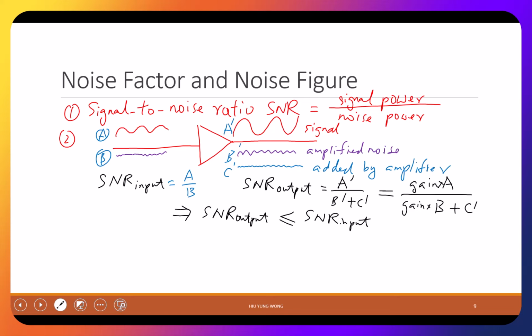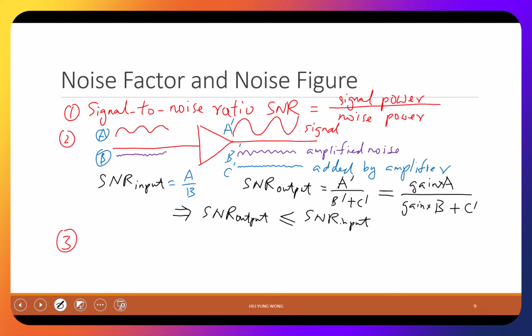But we will be able to listen to the signal. But if you do too much amplification, eventually the signal to noise ratio will be degraded so much that although you can hear the signal, it's covered by the noise. You actually cannot hear anything. So that is the signal to noise ratio and the scenario.